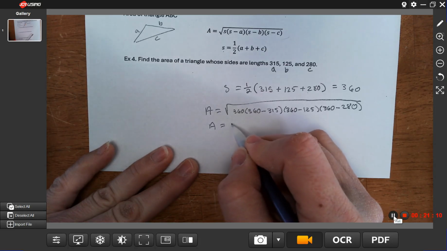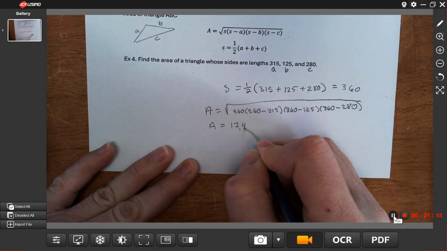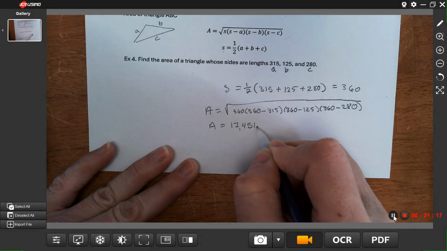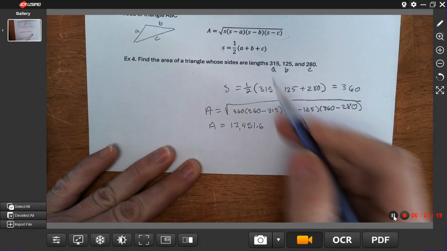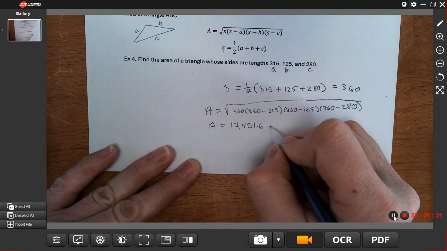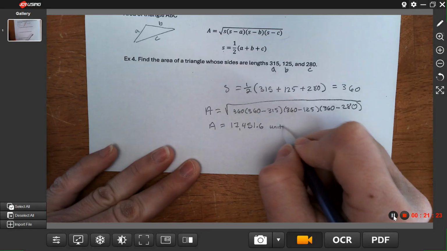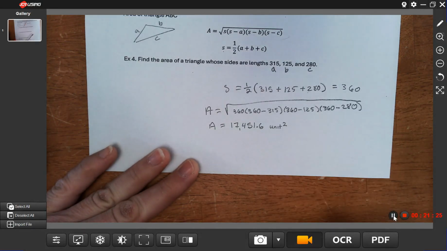And you find that your area, don't forget the square root, is 17,451.6. And there were no units given in this question, but it's an area, so they would be square units.